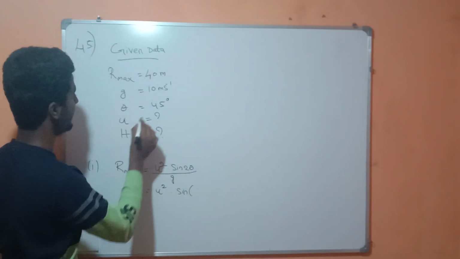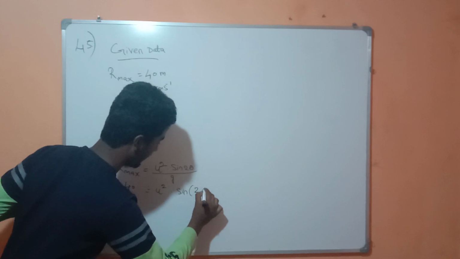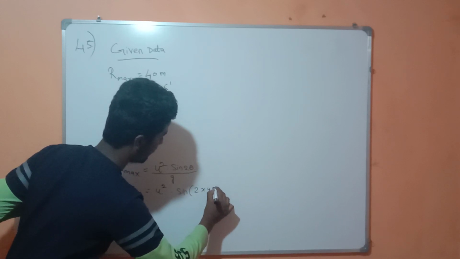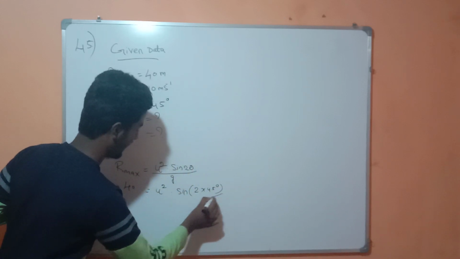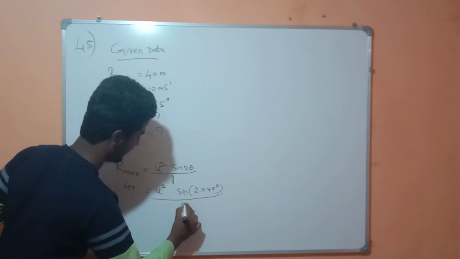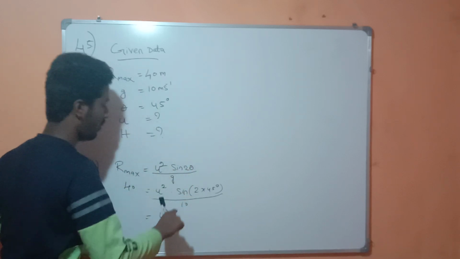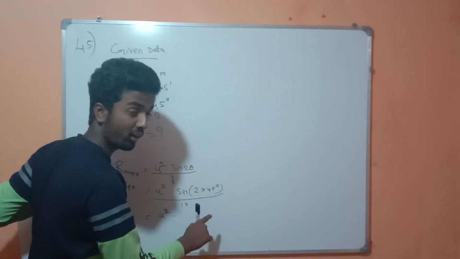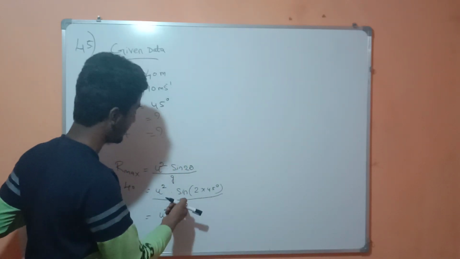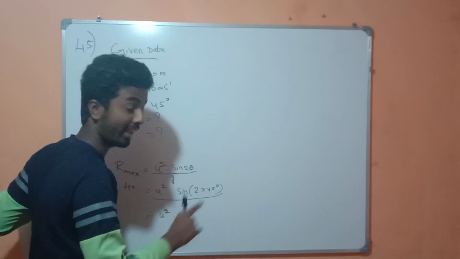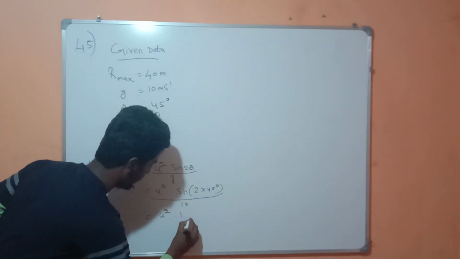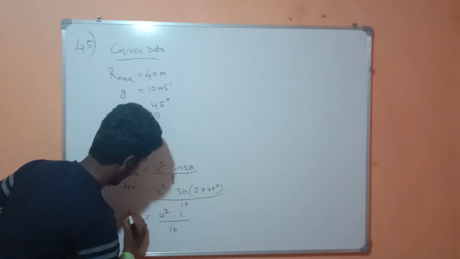What is the value of theta? It is 45 degrees. Divided by G, which is 10. U squared into sin 2 into 45, which is sin 90 degrees. What is the value of sin 90? It is 1, children. So 40 equals U squared into 1 divided by 10.